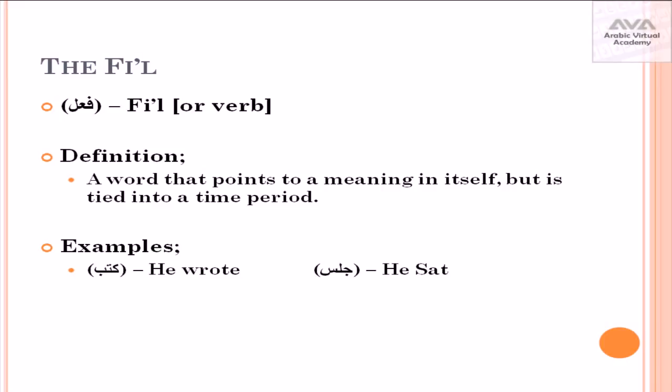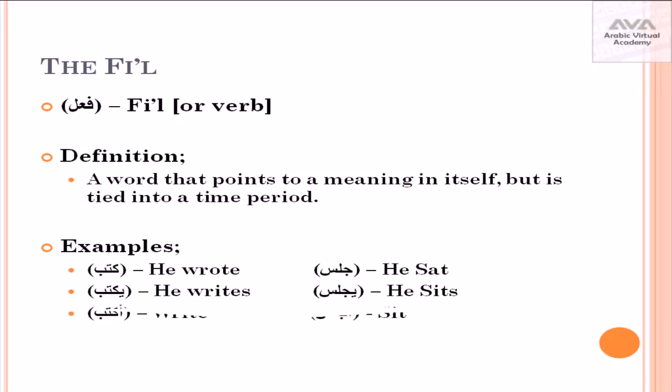As well as we have words like yaktubu, which is the present tense way to say he writes or he's writing. It means that he's doing it now. Then you have words like uktub, which means that it is something that you're requesting to be done, whether in the future or the near future.